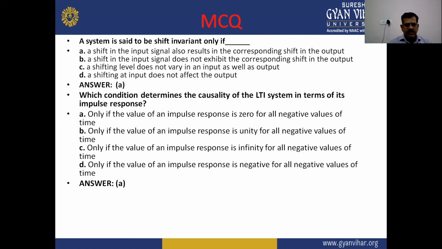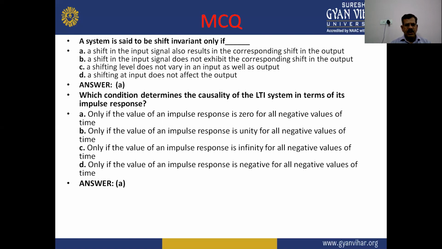Which condition determines the causality of an LTI system in terms of its impulse response? Option A, only if the value of the impulse response is 0 for all negative values of time. Option B, only if the value of the impulse response is unity for all negative values of time.